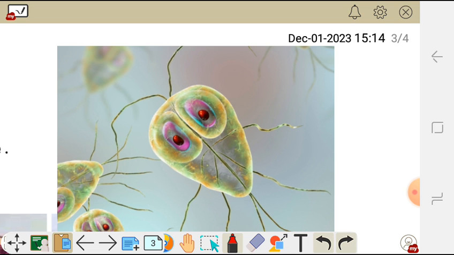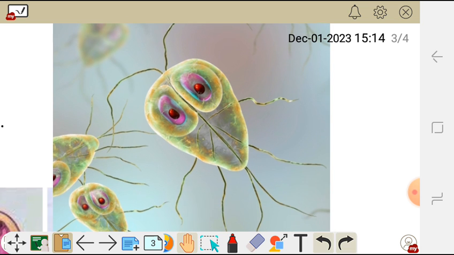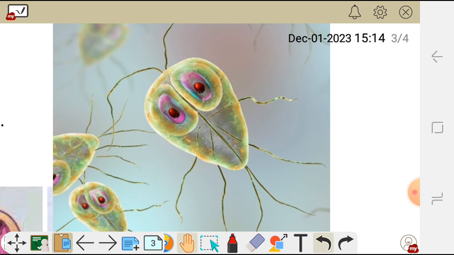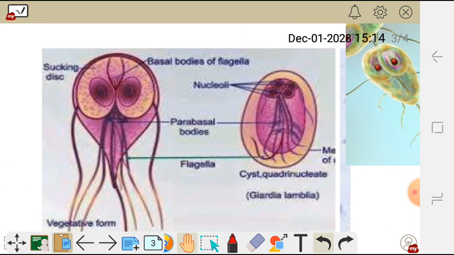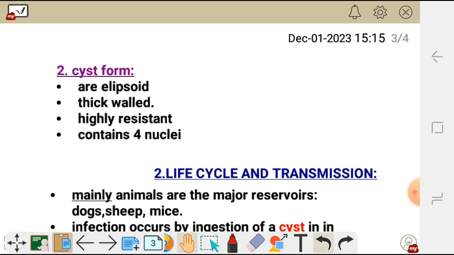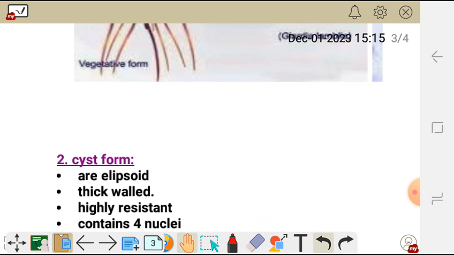So it has 4 pairs of flagella, and then the trophozoite, as we can see, has 2 nuclei and a sucking disc, which can be clearly seen here. Okay, so that's all about the morphology of Giardia Lamblia.